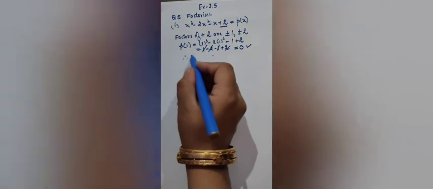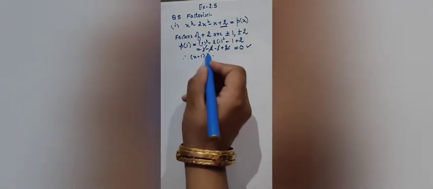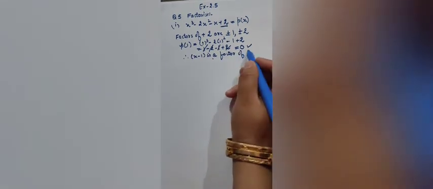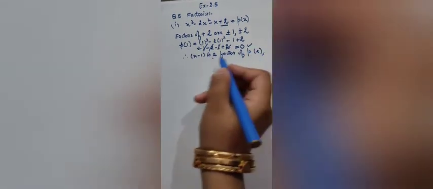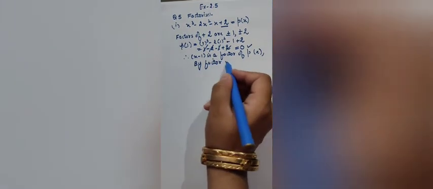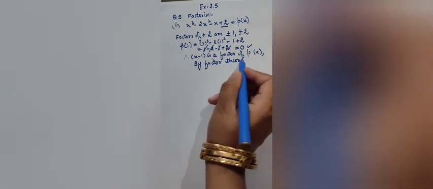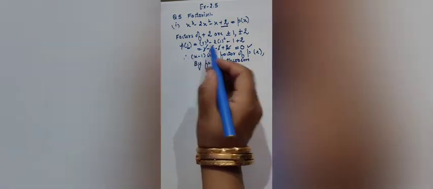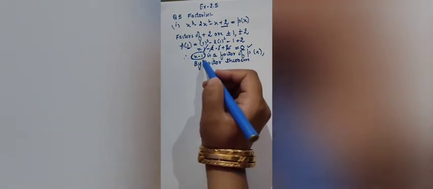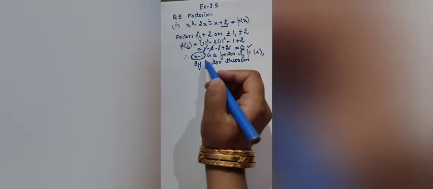So x minus 1 is a factor of p of x by the factor theorem. Students, I told you in the previous video that the factor theorem says that if a real number a gives remainder 0, then x minus a is a factor. So that's why we have taken x minus 1 as a factor.